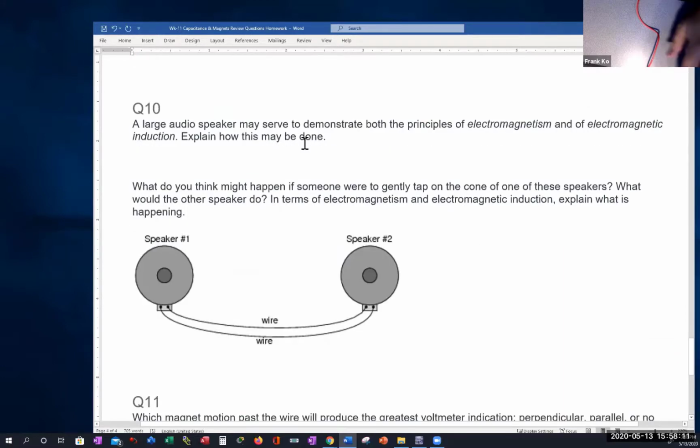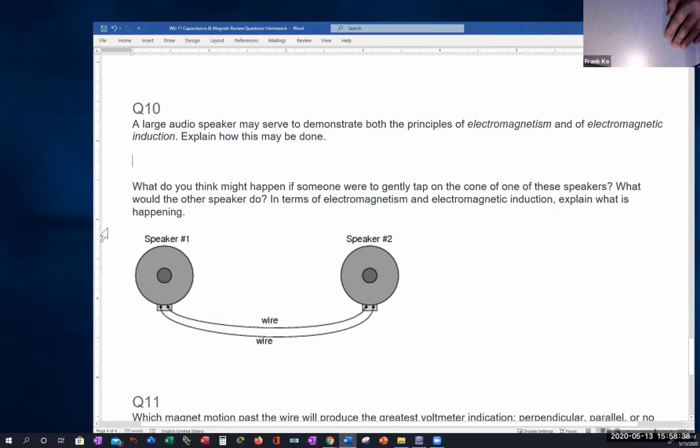It says here, large audio speaker can serve to demonstrate both principles of electromagnetism and electromagnetic induction. Explain how this may be done. All right. The same way that coil of wires works is the same way that your speaker works.